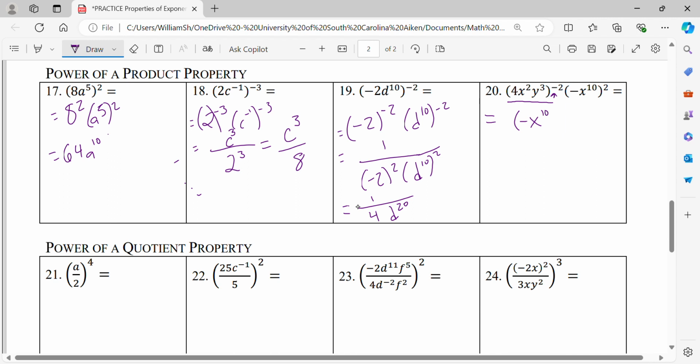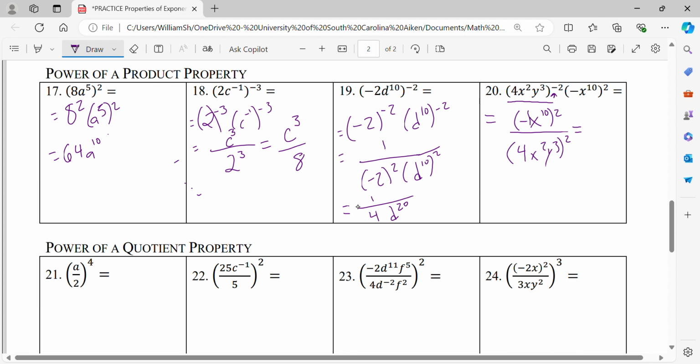So I'm going to keep and put this negative x to the 10th squared in the numerator, and I'm going to put this 4x squared y to the 3rd squared in the denominator, because I can drop off that negative when I move it down.